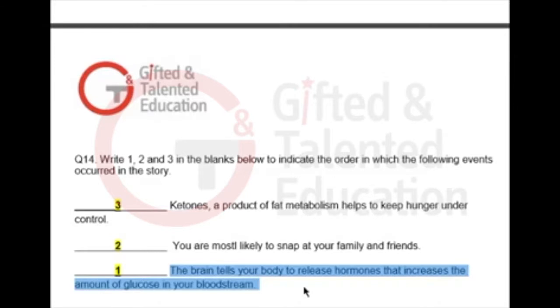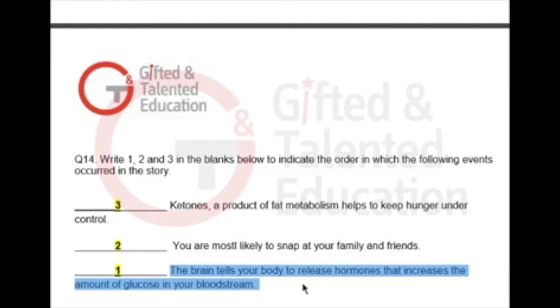And your brain will release hormones. Your brain will tell the body to release hormones to increase the level of glucose back in your bloodstream. That's quite smart.